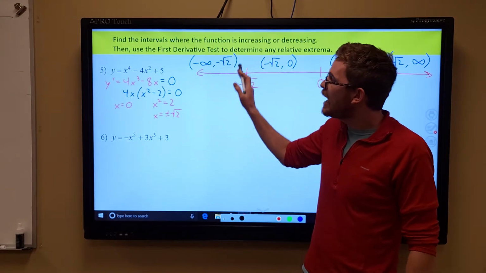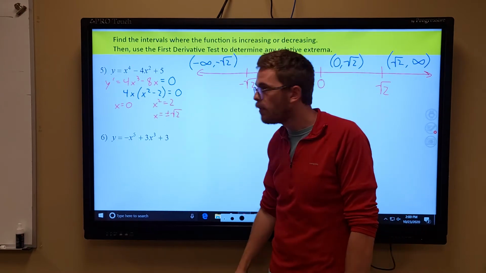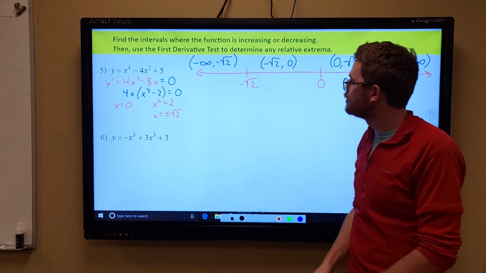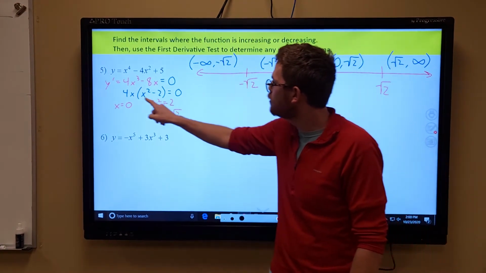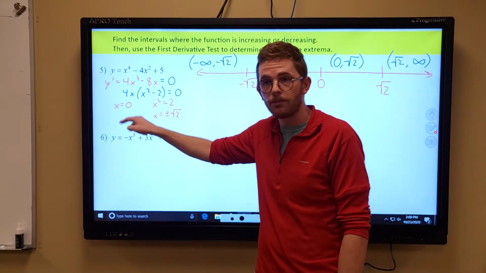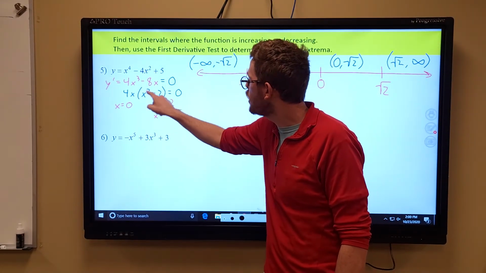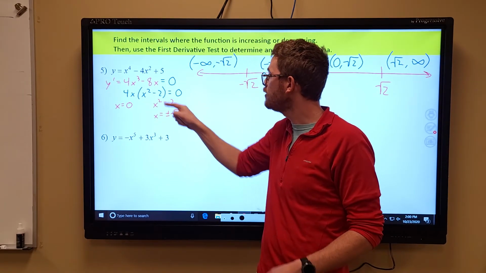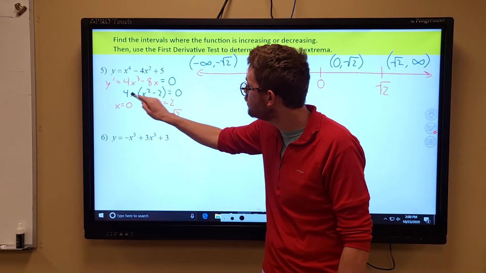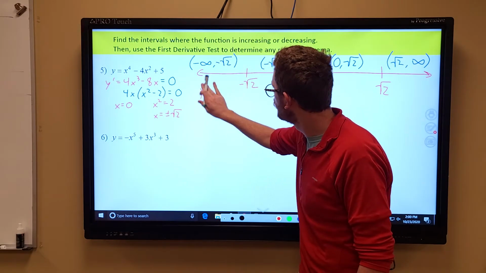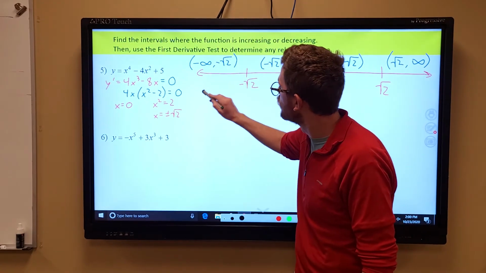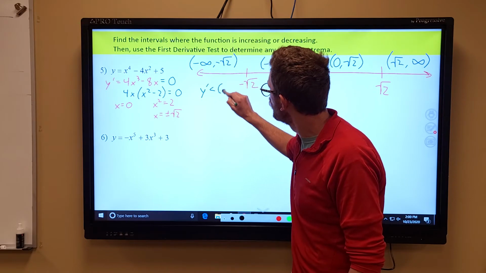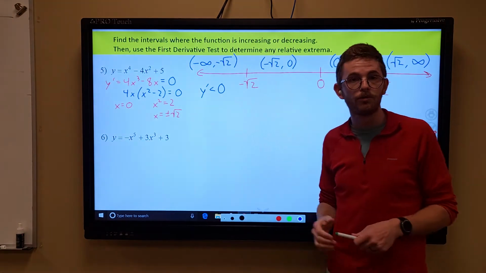Checking a really negative value in my derivative. Something really negative would get me a negative times 4, which is negative. Right here in the middle, something really negative squared is positive minus 2, so this would be positive times a negative. So my first derivative right here would be negative on this interval.